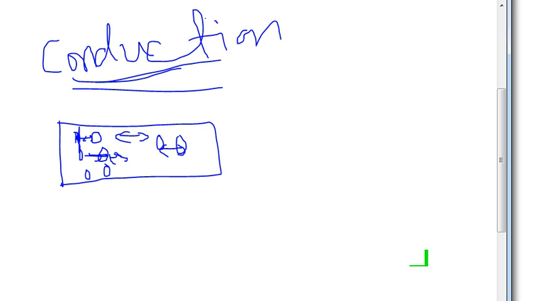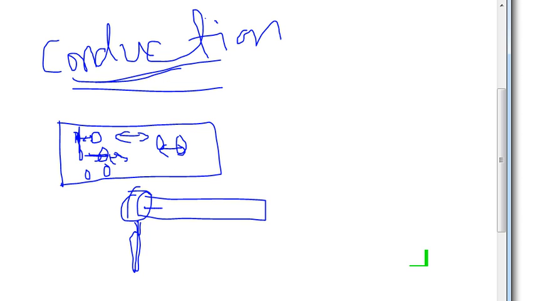What is an example of this conduction process? Let us consider a steel rod, and this is a fire.